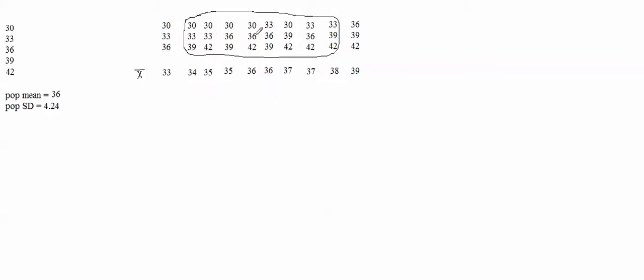So these 8 samples in here are the middle 80% of the 10 samples. The lowest sample in the middle 80%, which is sample 2, has a mean of 34. The highest sample in the middle 80%, which is sample 9, has a mean of 38.